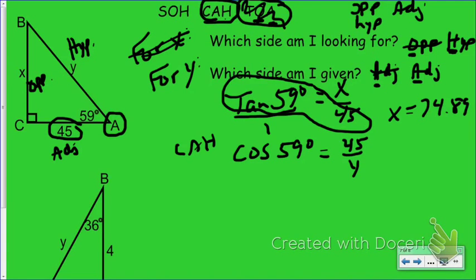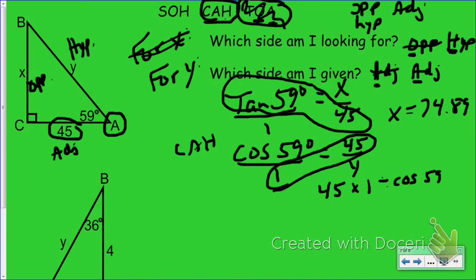Now you can see why I like to put the left side over 1, because this time the diagonal that does not contain the y would be the 45 times 1. So I'm going to go 45 times 1 divided by cosine 59, when I cross multiply and divide.